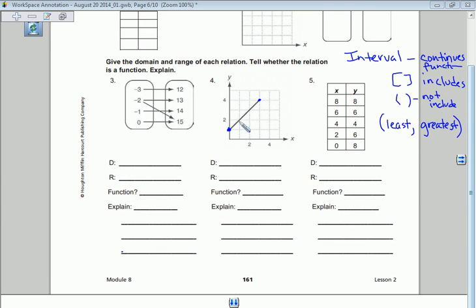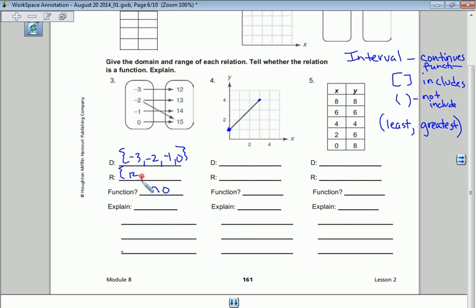All right, at the bottom of the page, they gave us a mapping, they gave us a graph, they gave us a table. In this first mapping, is the first mapping a function? Yes or no? No. When it's not a function, I don't normally make you define the domain and the range. The domain is always the input, the range is always the output. So if you had to, you could easily write the domain, and the range.